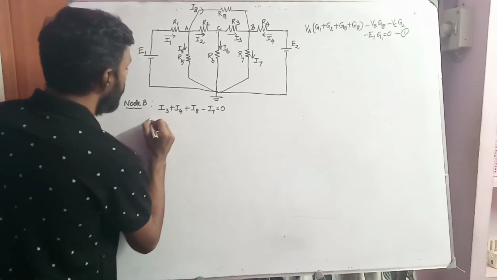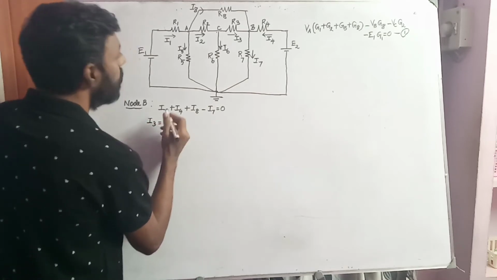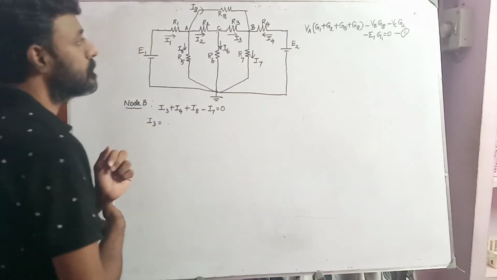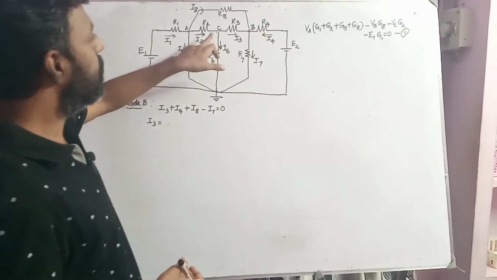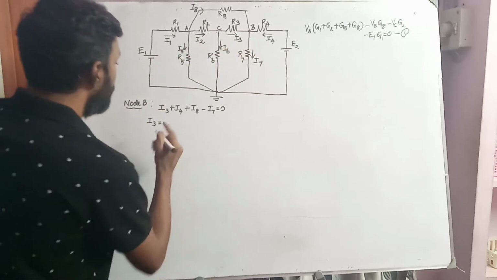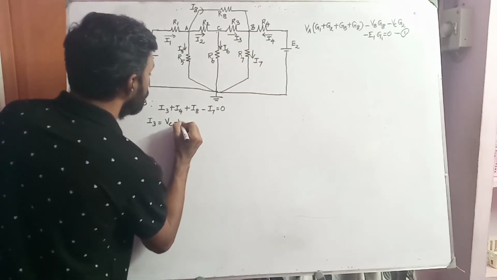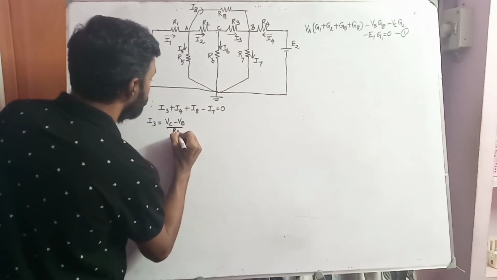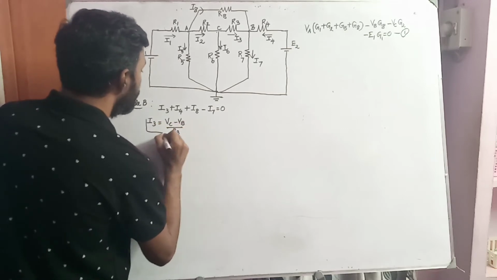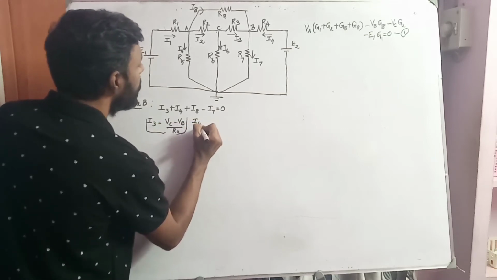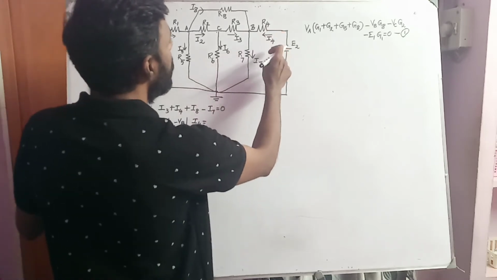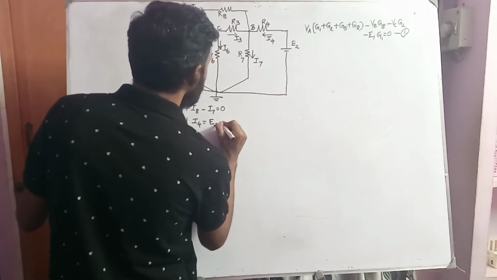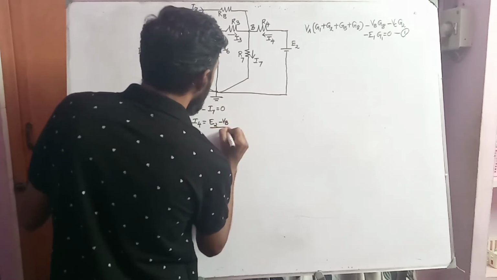Now I'm going to find the value of I3. I3 can be written as VC minus VB, so I3 is nothing but VC minus VB divided by the resistor value R3. Similarly, I4 can be written as E2 minus VB divided by R4.